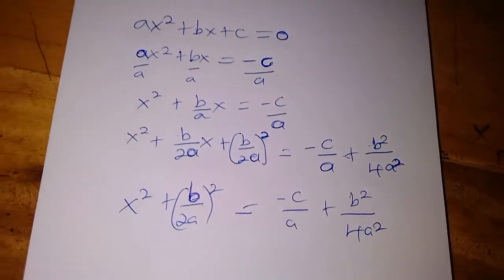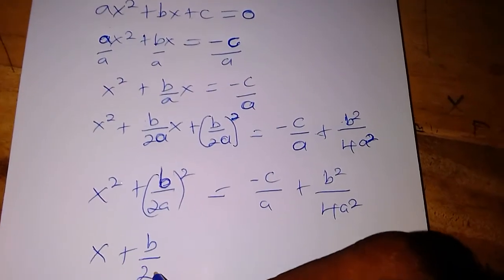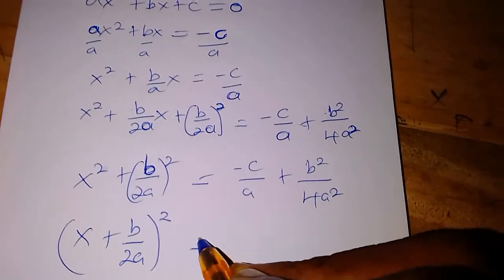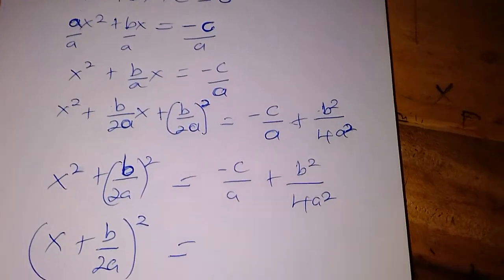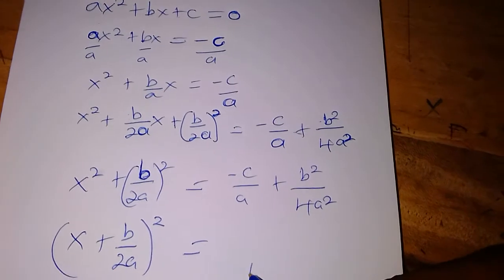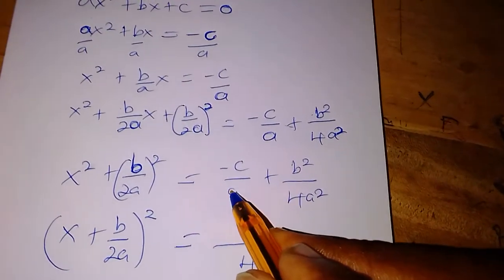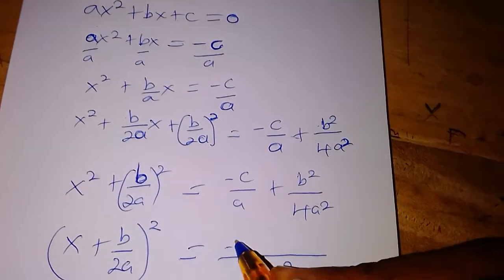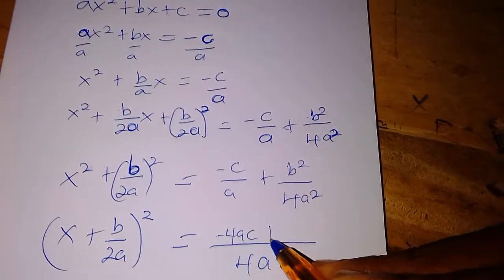Now you make this have just a unit denominator. So this has 4a squared up here, so this one goes in here, 4a. So 4a times c will have minus 4ac. Then this goes in here, everything, so here you have plus b squared.